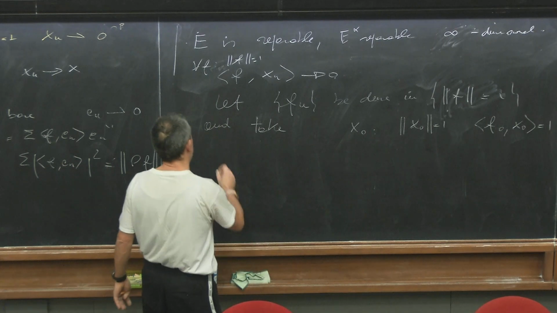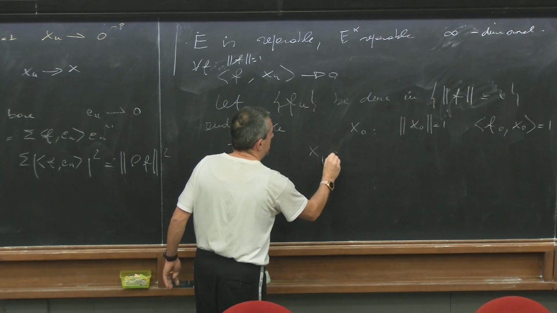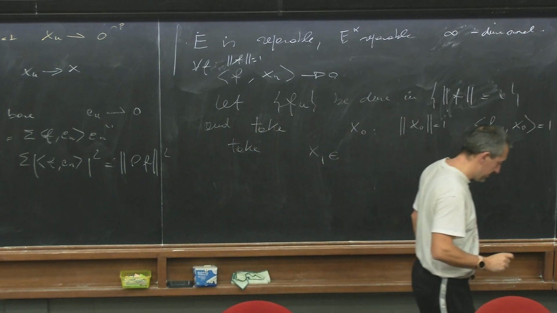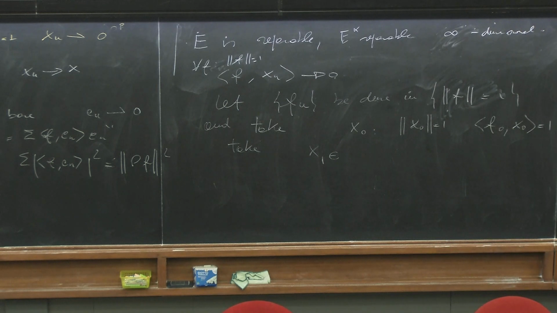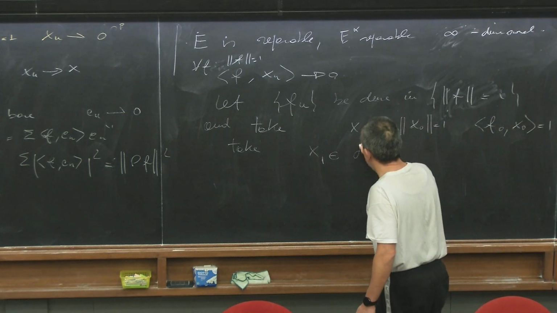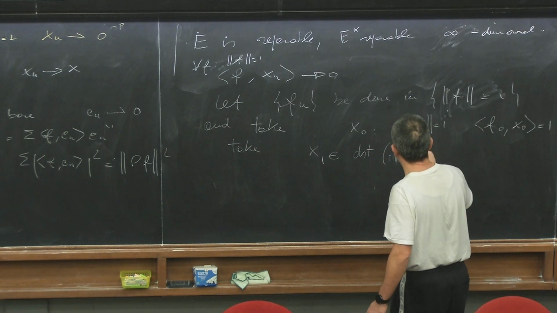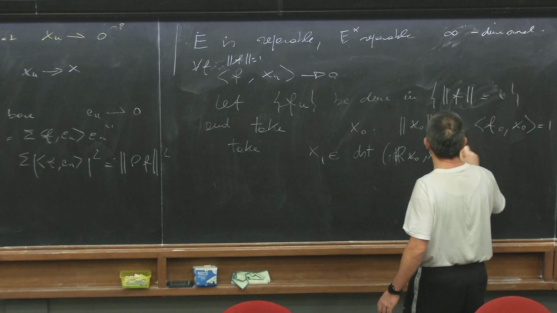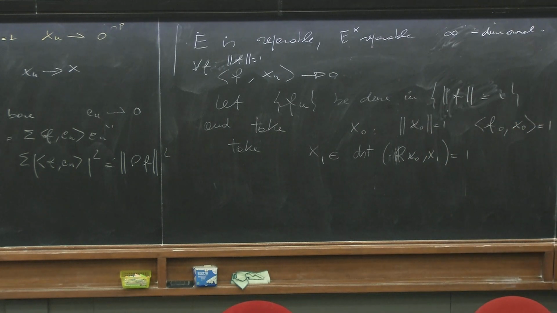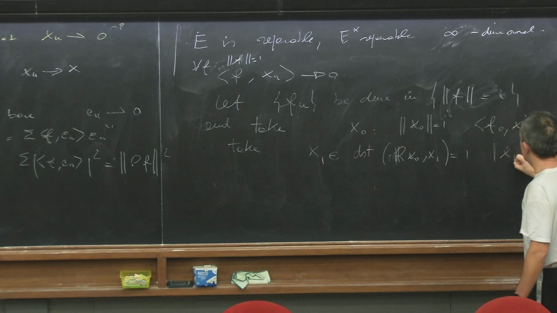Now what do I do? Take x1 such that the distance of x0 from the space generated by x0, x1 is equal to 1, and I take the norm. Being again reflexive, I can take this equal to 1.